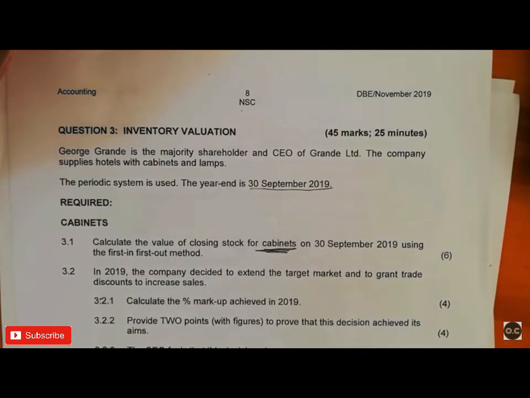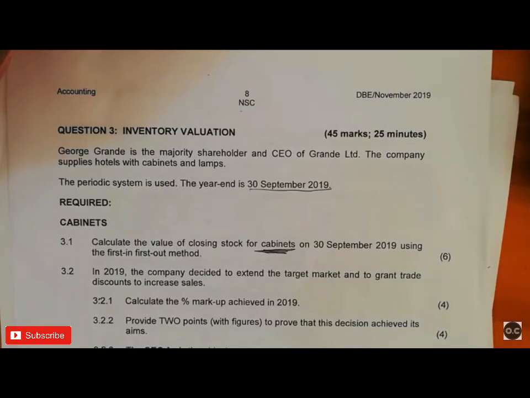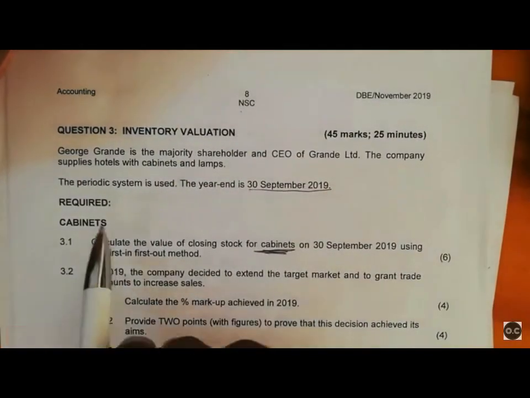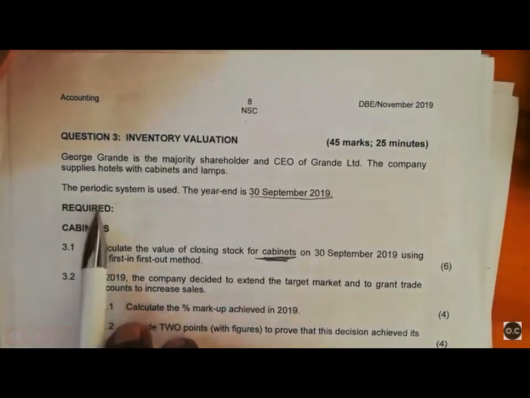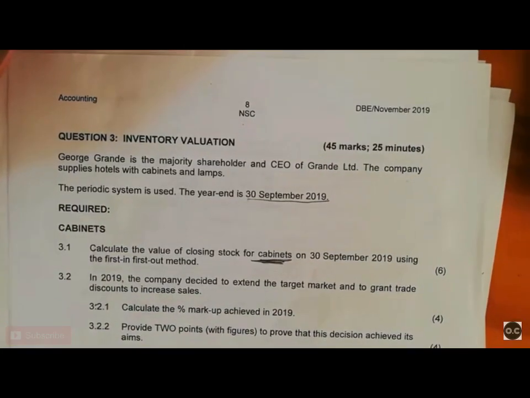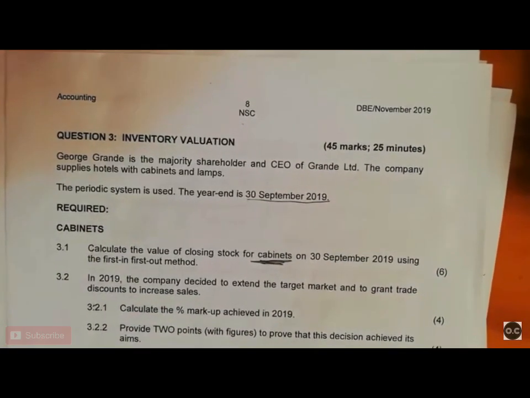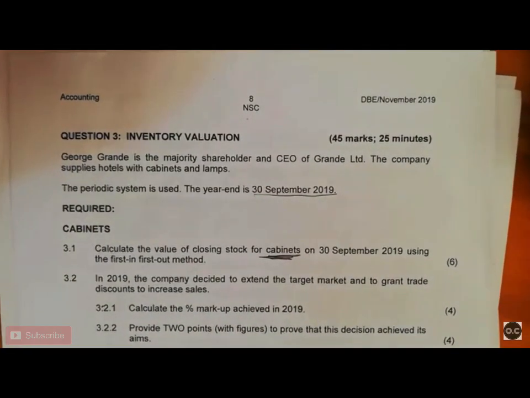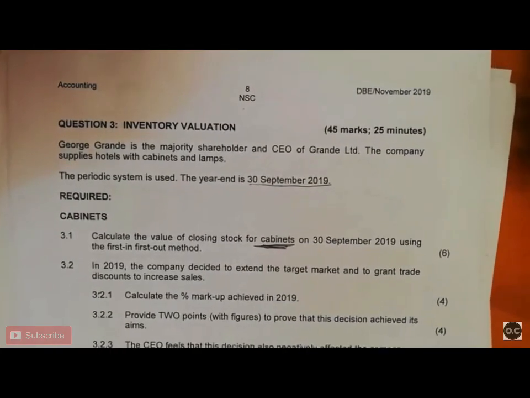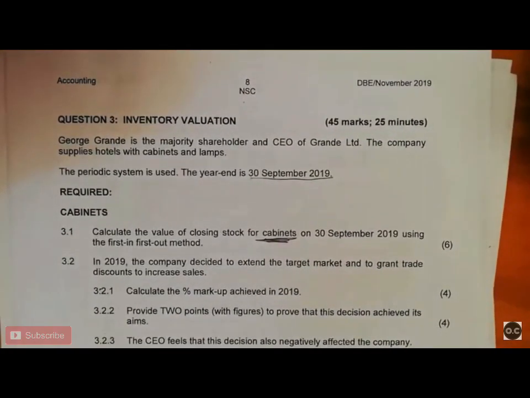Whereas with the perpetual, you find out these things as the year goes by. As you sell, you find out what the value of your stock is. So that's why in this question we use the periodic, because these valuation methods are used to value closing stock.